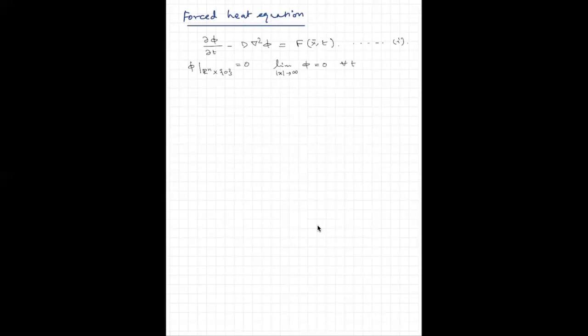Okay, so the general case with the inhomogeneous equation with the inhomogeneous boundary condition can also be done as we did previously.